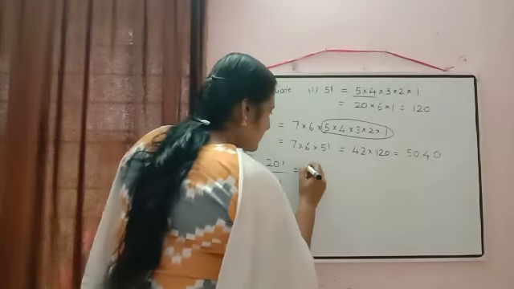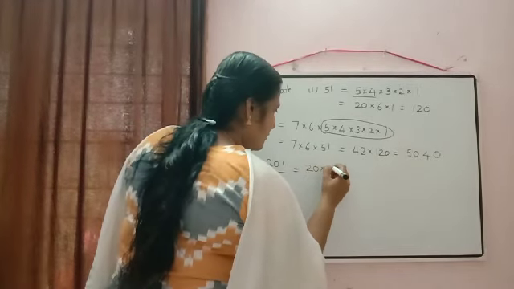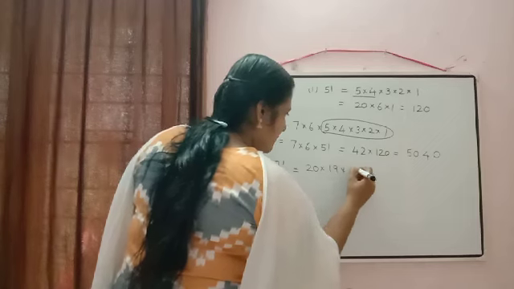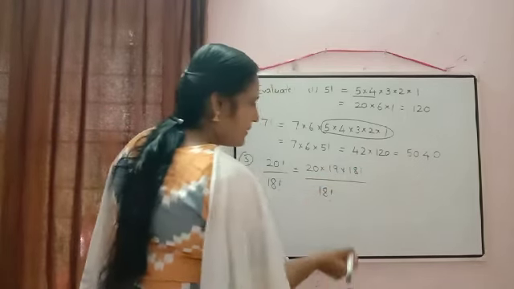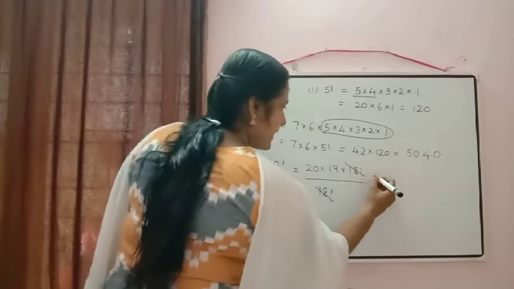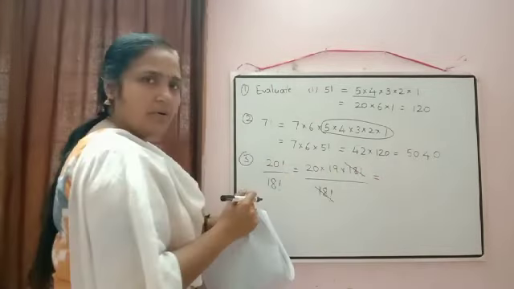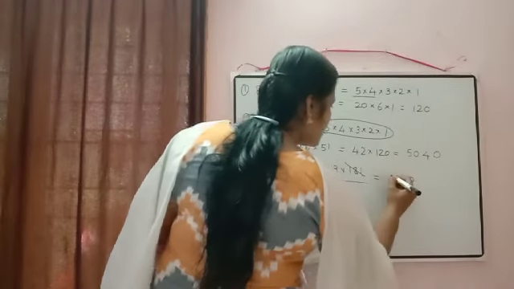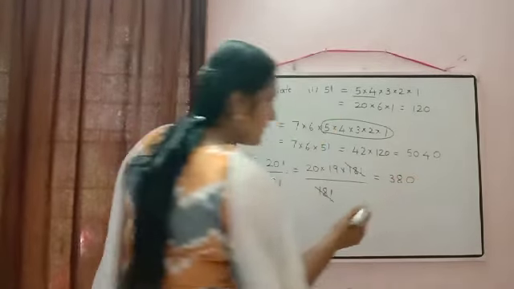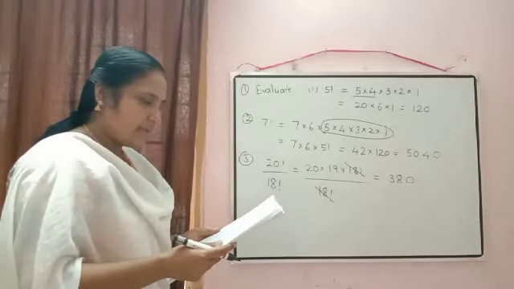So 20 factorial can be written as 20 into 19 into 18 factorial, by 18 factorial. Then 18 factorial will get cancelled. We are getting 20 into 19. That we can multiply. 0 will come. Then 19 2s is 38. So the answer will be equal to 380.